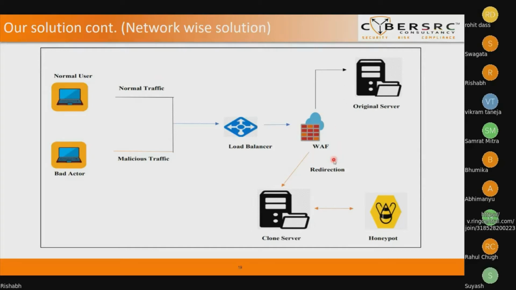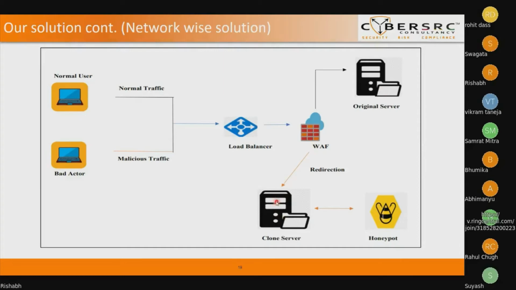And about your question over here, yes, if the attacker gains a shell on the clone server, we are segregating our network in a manner that the original server can interact with the clone server, but this is only one-way traffic.